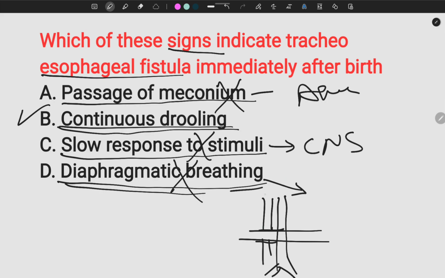So whatever saliva is produced in the mouth will not go into the stomach. In the same way the saliva will be coming out of the mouth, that is continuous drooling of saliva. By seeing this feature we can understand the child may have tracheoesophageal fistula related abnormalities.